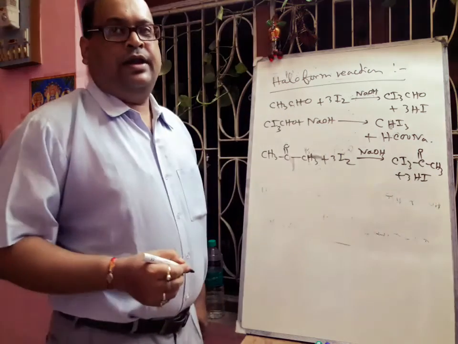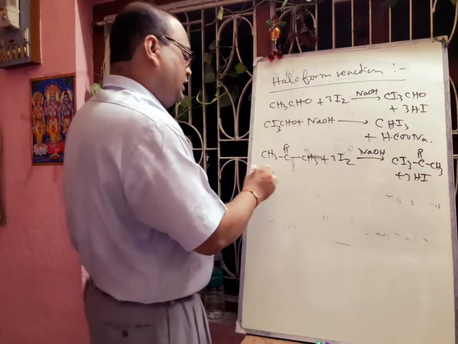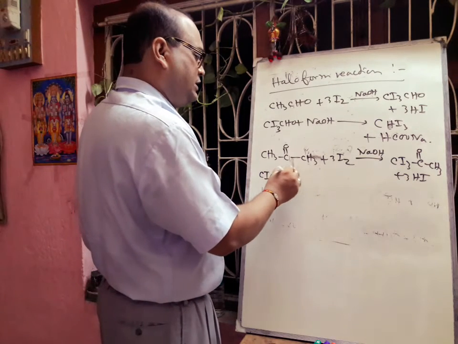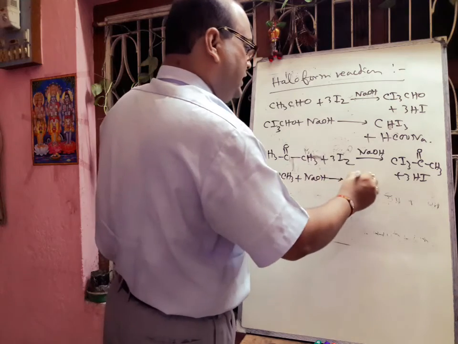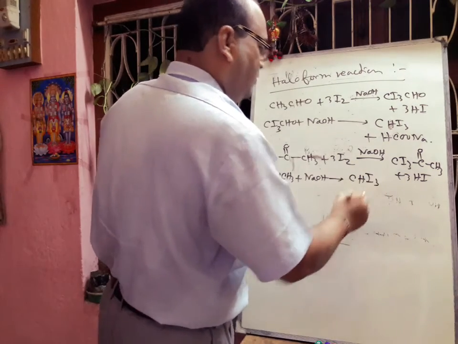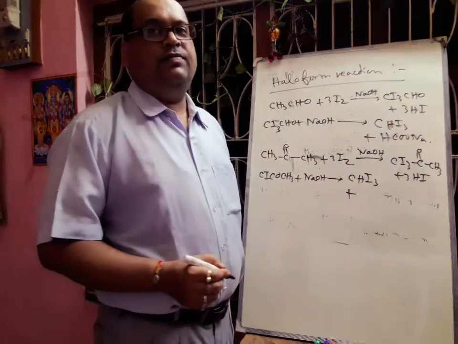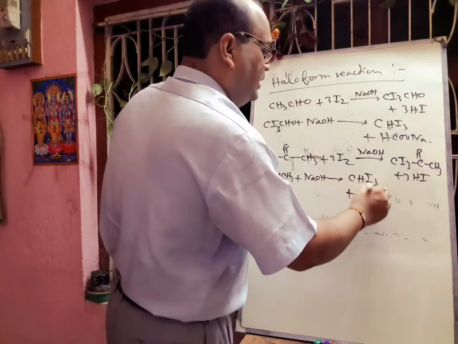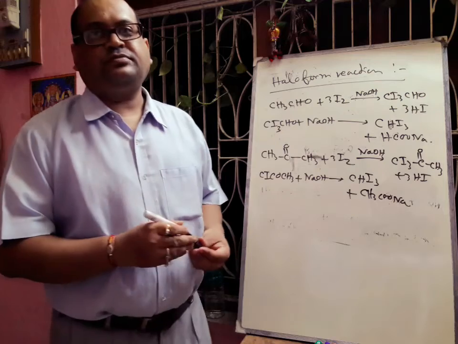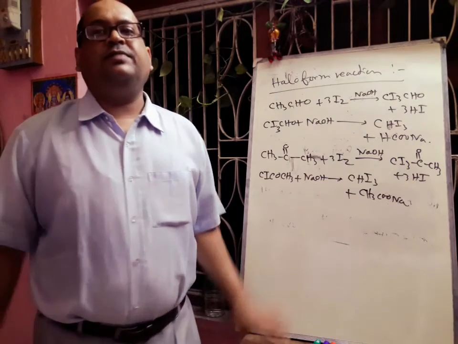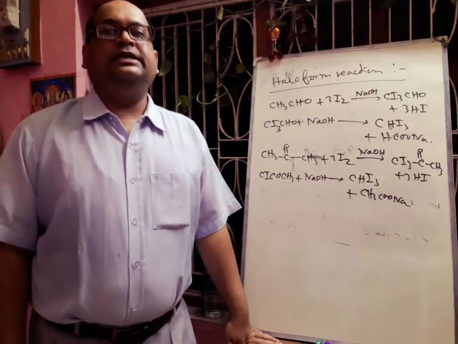Now this CI3COCH3 will react with NaOH forming CHI3, that is iodoform, and there will be formation of CH3COONa, that is sodium acetate. Due to the formation of a yellow precipitate of iodoform in this reaction, it is also known as the iodoform test.